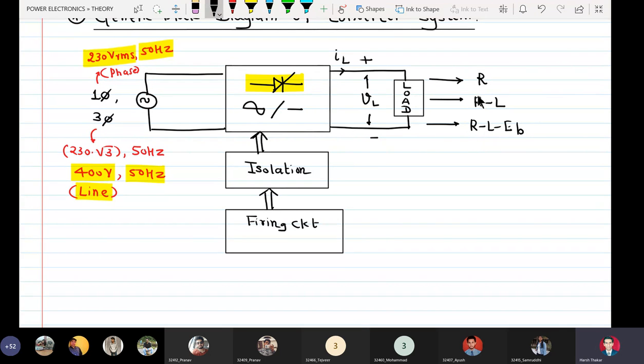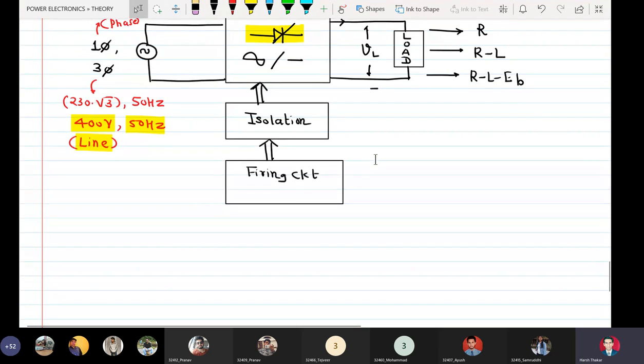All three are possible. So usually the firing circuit which is employed here is usually a UJT triggering circuit, synchronized UJT triggering.